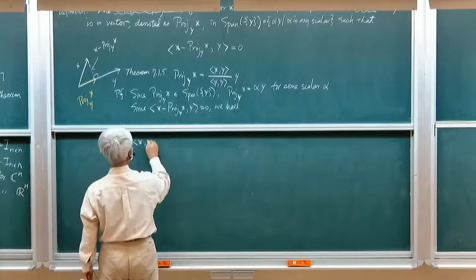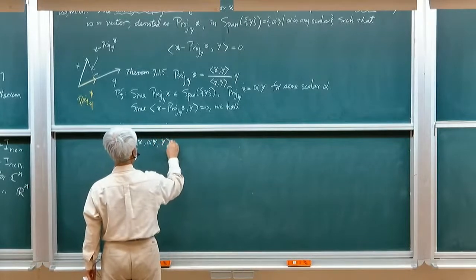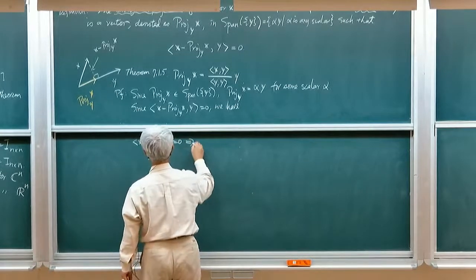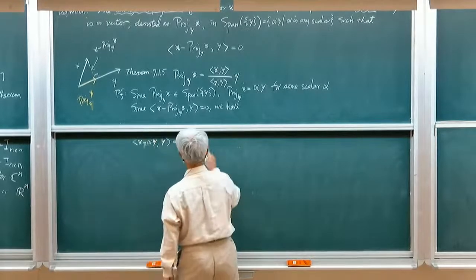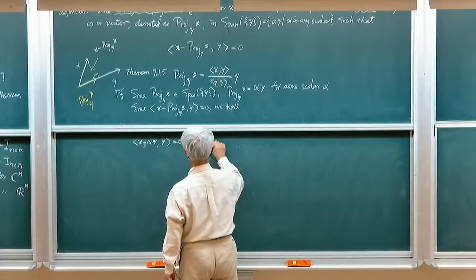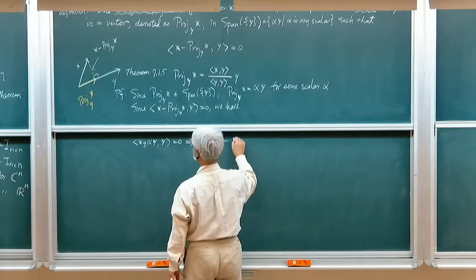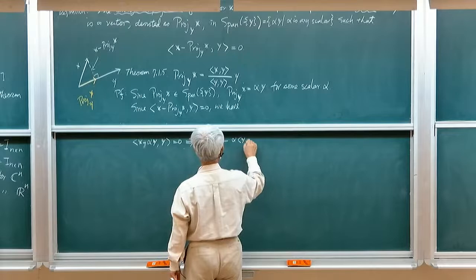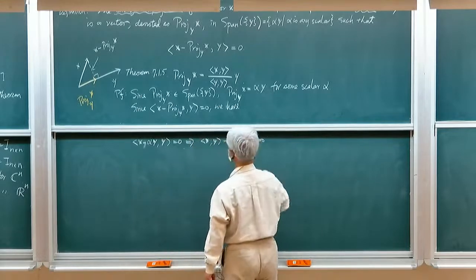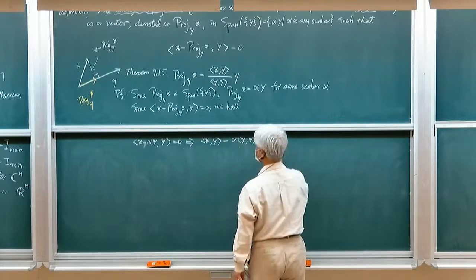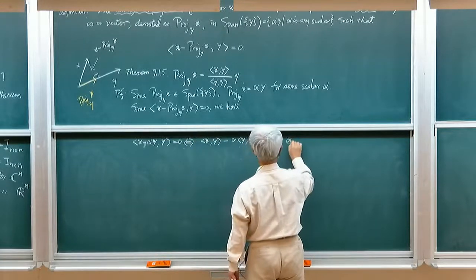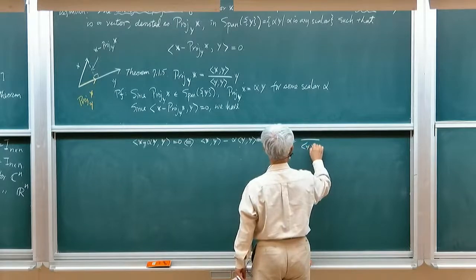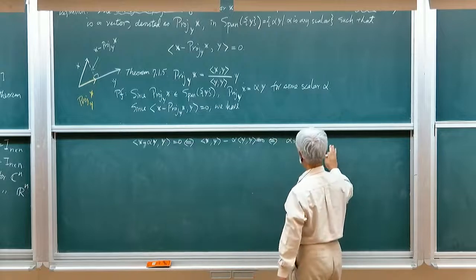the inner product of the difference and y is 0. So this implies that the inner product of x and y minus alpha times the inner product of y and y is 0. This implies, if and only if, alpha is equal to the inner product of x and y over the inner product of y and y.